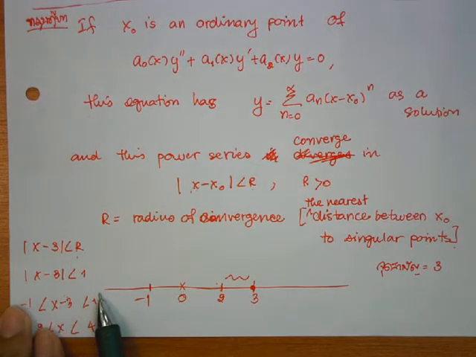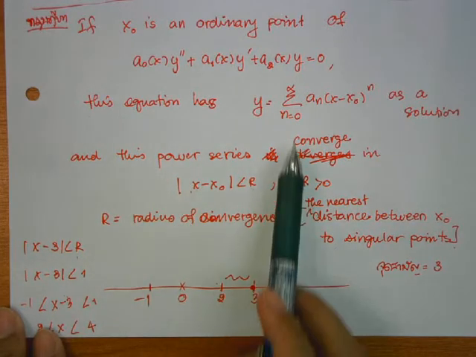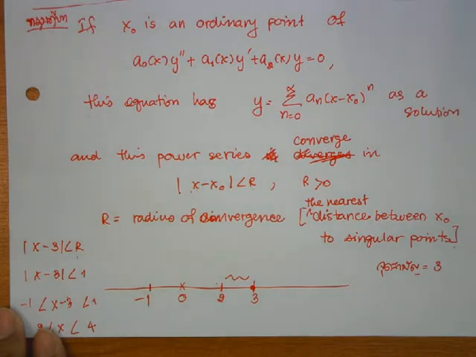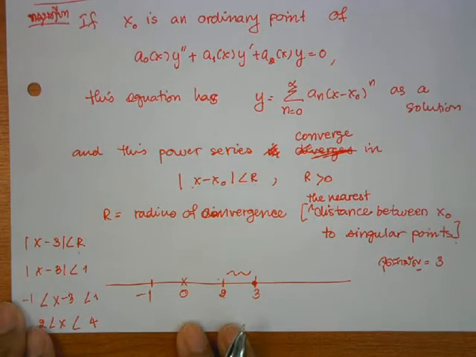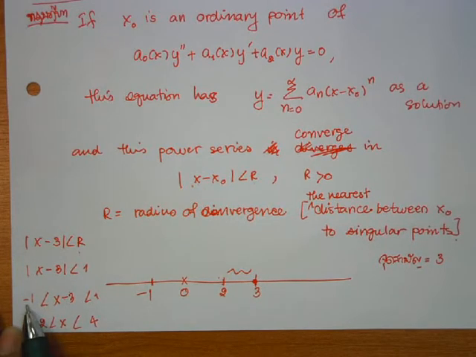We want to know in what range of x the solution from our ordinary point is valid. Taking the absolute value out, x minus 3 is between minus 1 and 1, and solving, x is between 2 and 4.